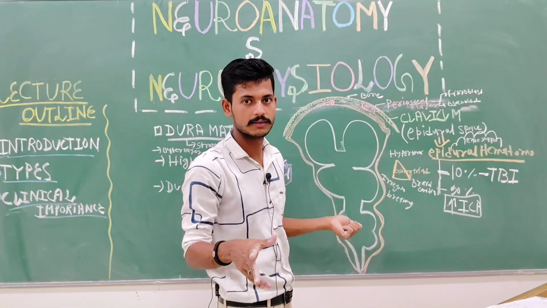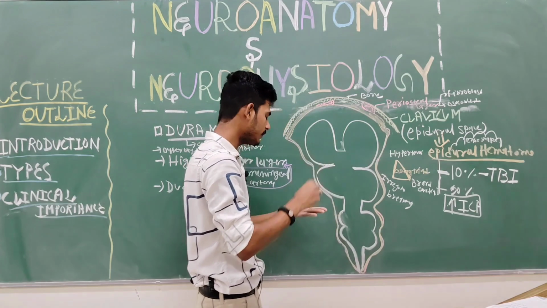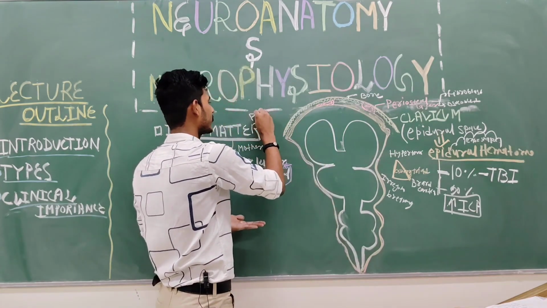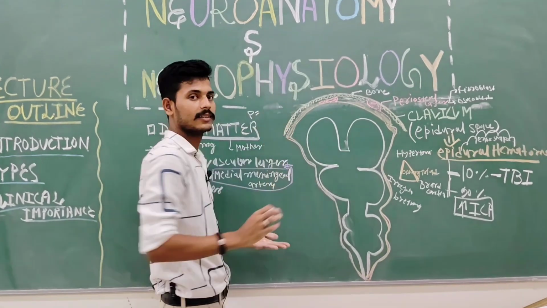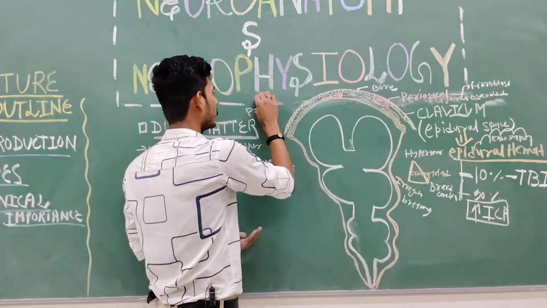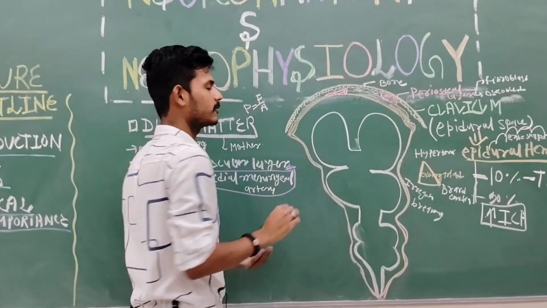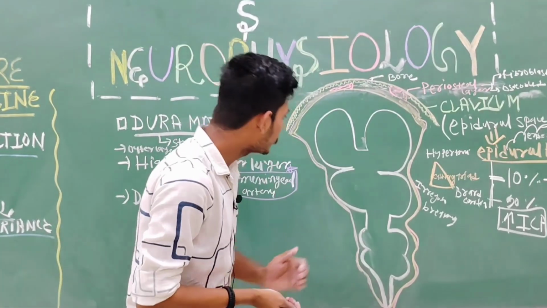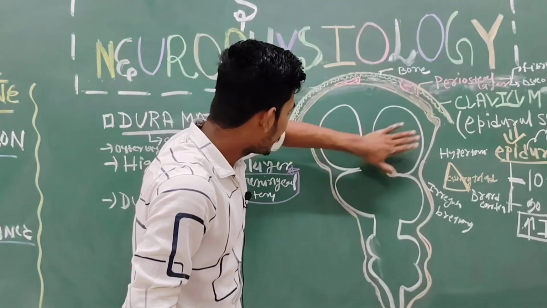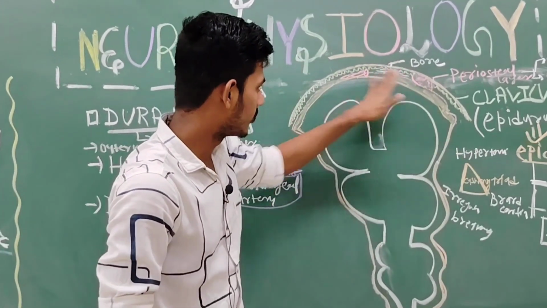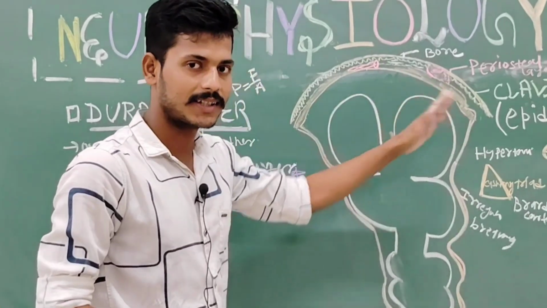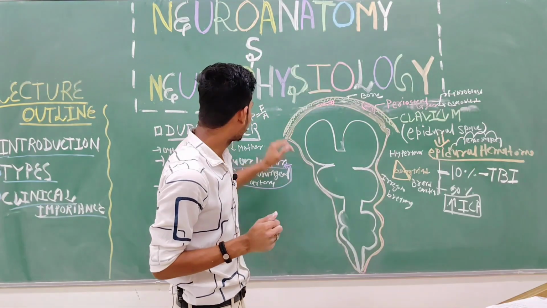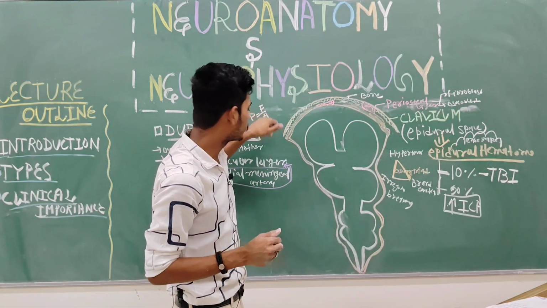Getting it? Not getting it? How do you define pressure in physics? Very good. It's force per unit area, force by area. Here the area is provided by the skull cavity first of all. Now what is the force?